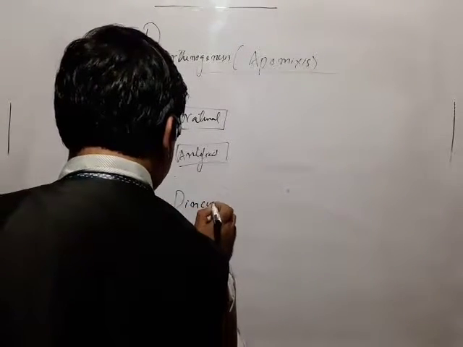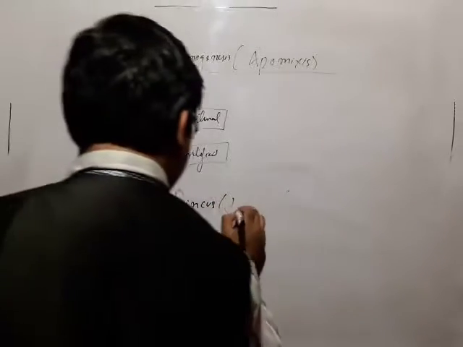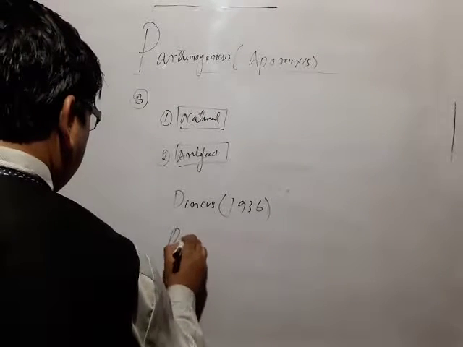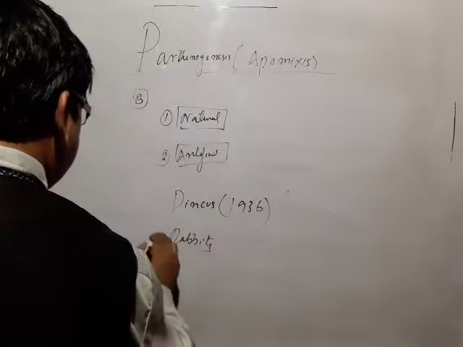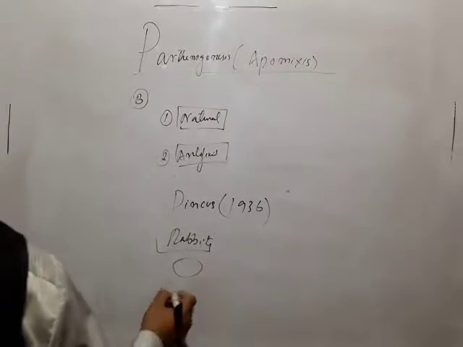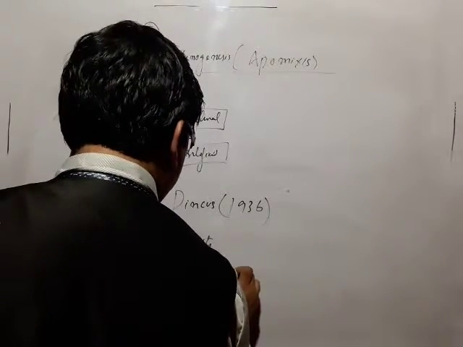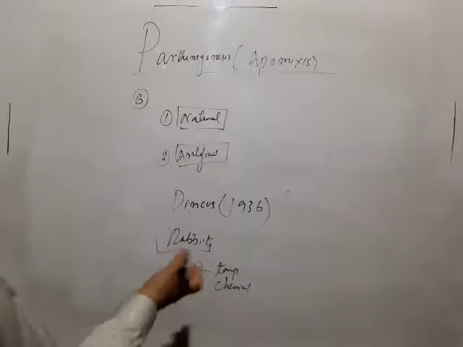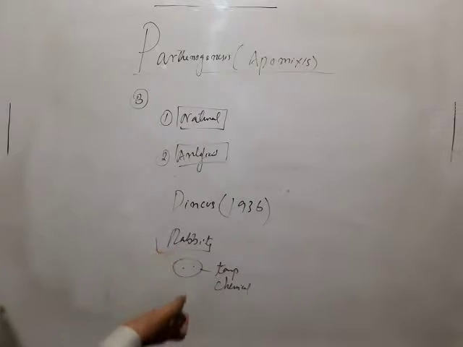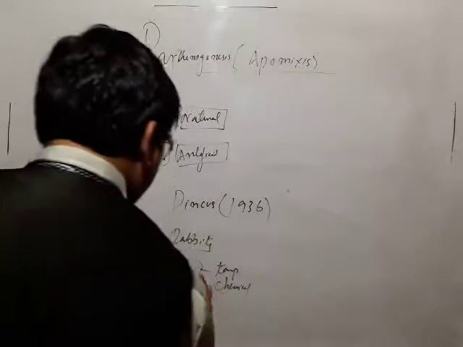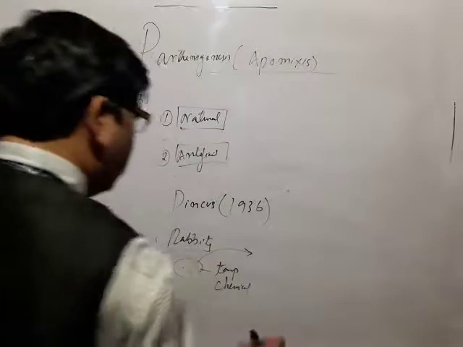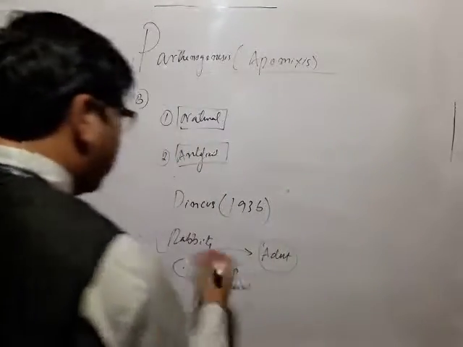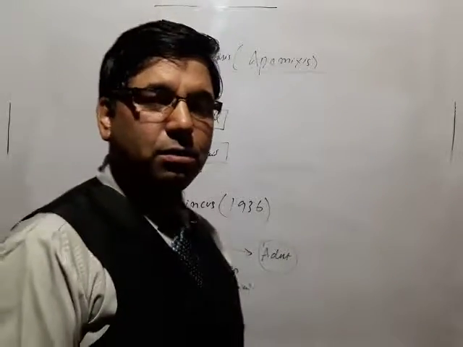In the year 1936, what he did, in the case of rabbit, was give rabbit eggs temperature and chemical treatments. The eggs were haploid, and they went on to develop parthenogenetically and produce adults.